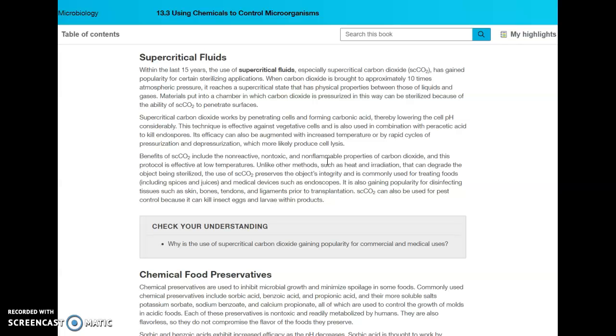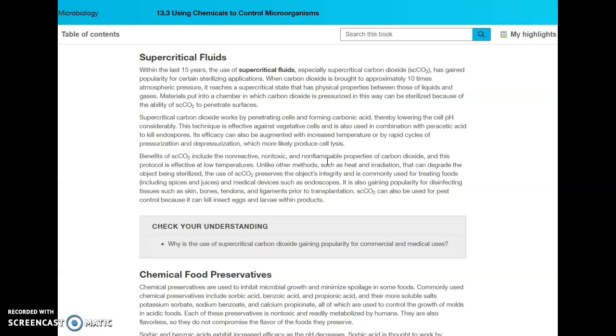Another type of chemical agent are supercritical fluids, what we refer to as supercritical carbon dioxide. Supercritical means that we increase the pressure, and when we increase the pressure on a particular substance, it has this state that's kind of between a liquid and a gas. Supercritical carbon dioxide can penetrate surfaces, so it makes it a very good sterilizing agent.